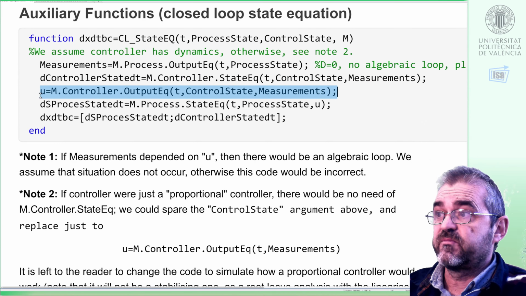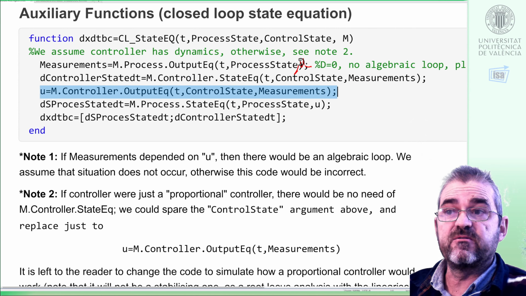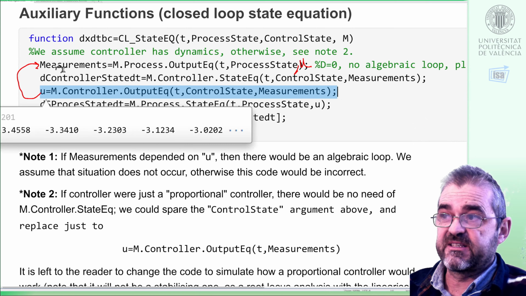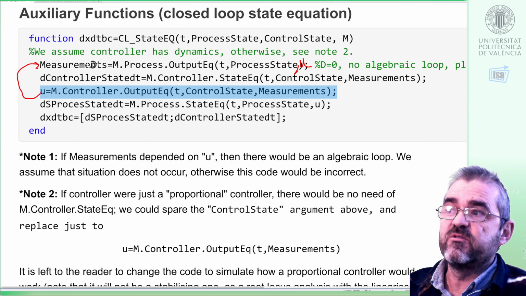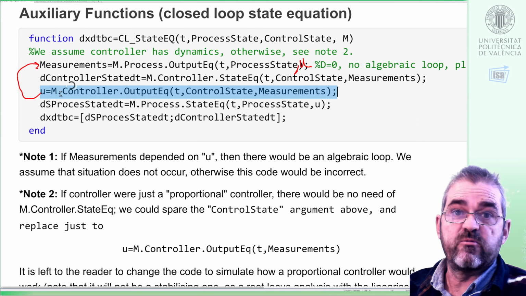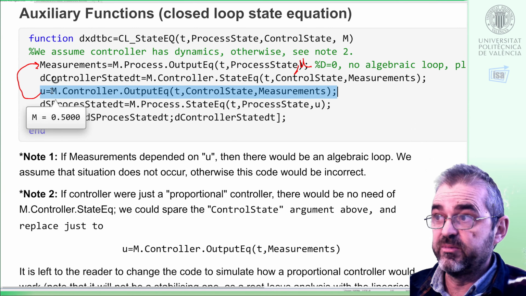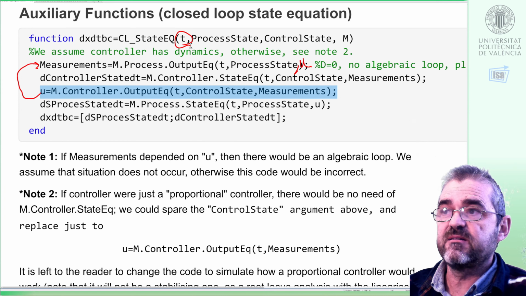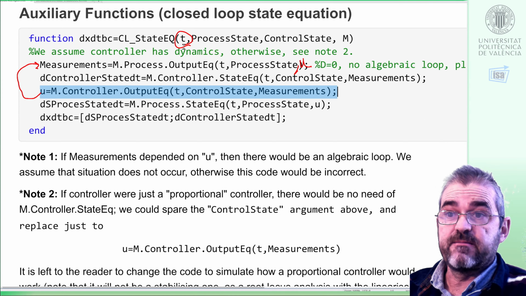As I said, if the measurements depended also on U, then once I compute this U, I should compute the measurements again, and with these new measurements I would compute a different U, and so I will have this kind of loop, everything happening at the same instant of time t, and this is what we call an algebraic loop.